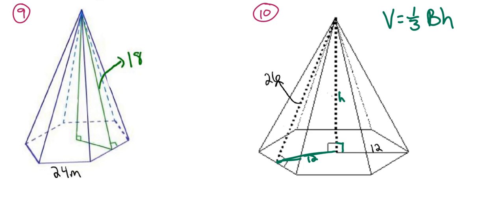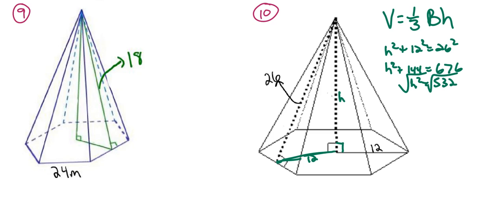I'm going to use the Pythagorean theorem. h squared plus 144 equals 26 squared, which is 676. So you get h squared equals 532, square root. I'm just going to do decimals right now, and I get 23.1.